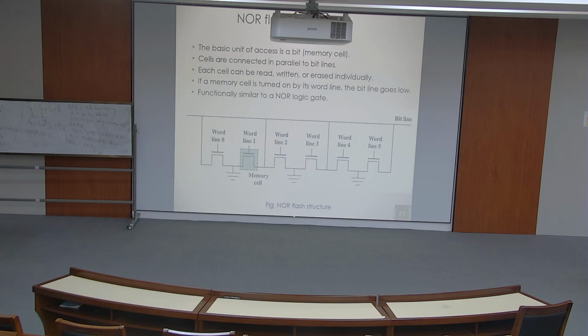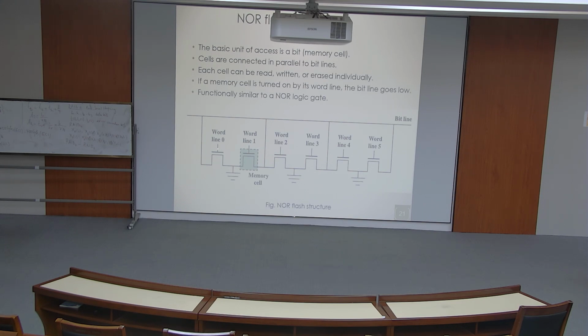Then the cells are all connected to the bit lines. Now, if a memory cell, for example this one, is turned on, that means that we have the bit line that needs to go low.